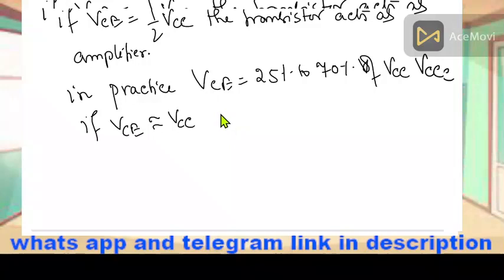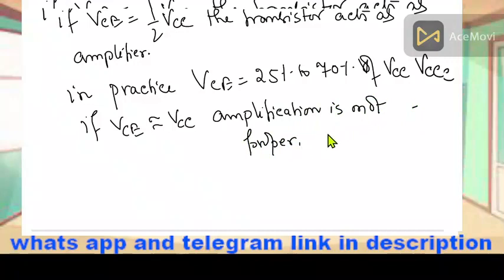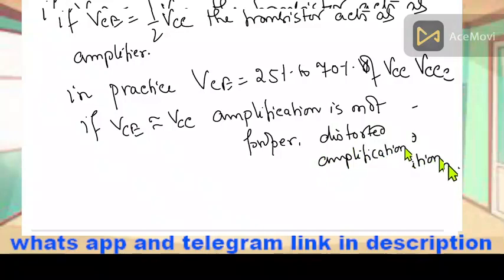In practice, amplification is not proper, which is also called distorted amplification. I will tell you what is distorted and faithful amplification. Amplification may occur or may not occur, and if it occurs, it will be in a distorted form. Distorted means not proper.